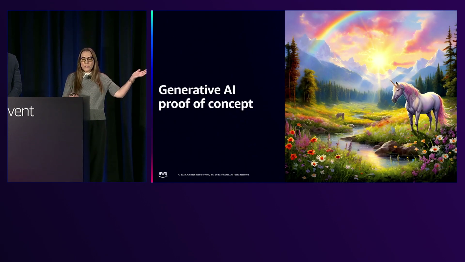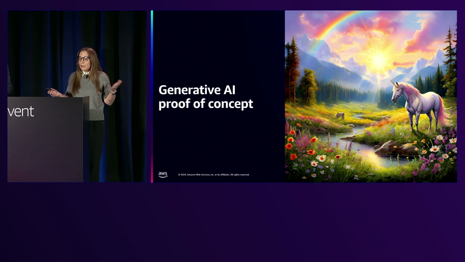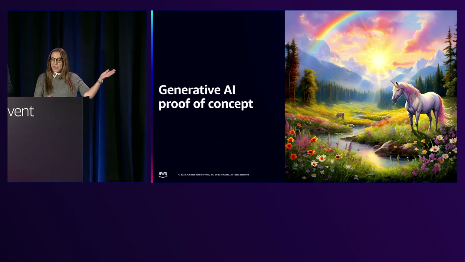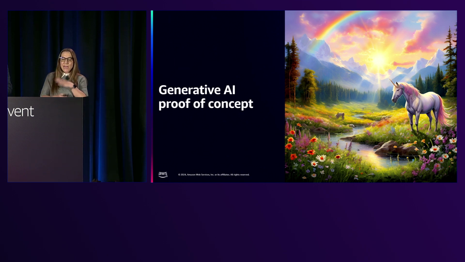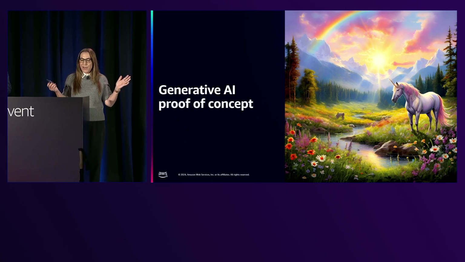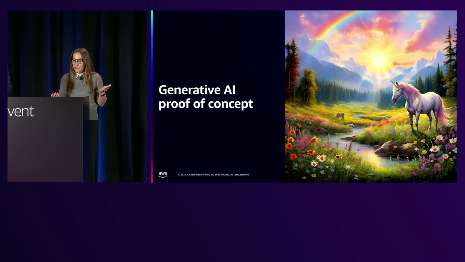So welcome to the world of generative AI development. It's really a utopian world where there's unicorns and rainbows, and it's really beautiful, isn't it? And creating proof of concepts has never been more exciting, right? Today, anyone with an idea can bring it to life in record time, thanks to the power of AI. With just a few lines of code or even no-code solutions, you can prototype AI applications and address real-world challenges.